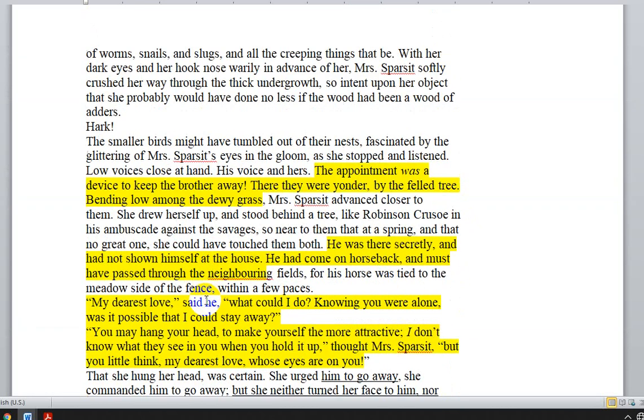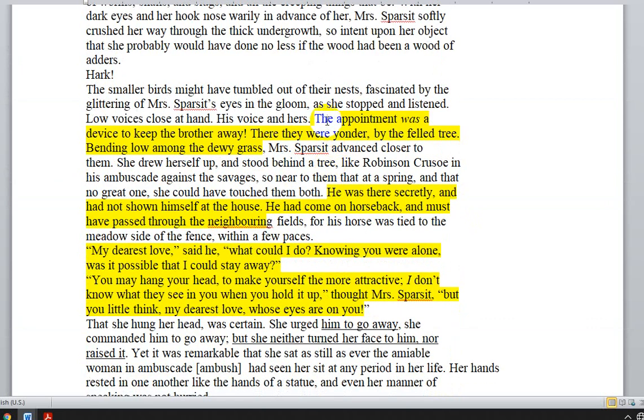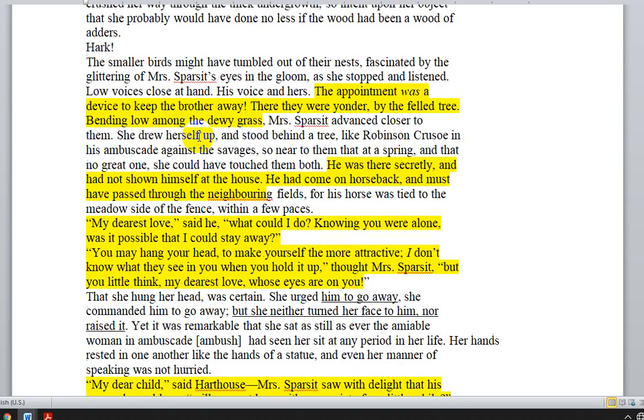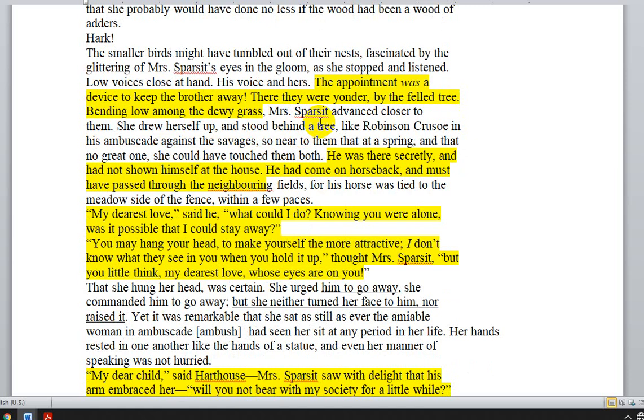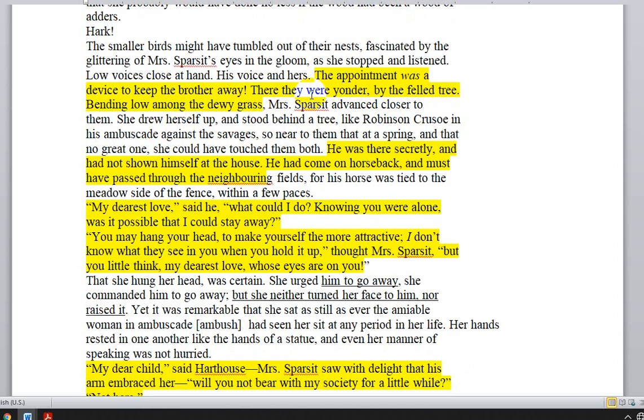This is true. So she confirms that the appointment between Tom and James was a device to keep the brother away. There they were yonder by the felled tree, bending low among the dewy grass.